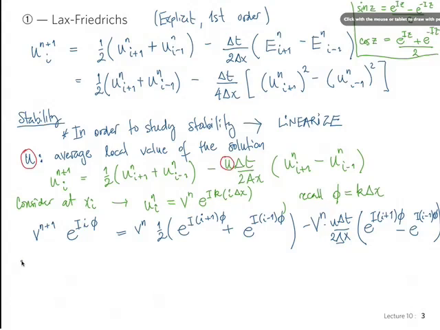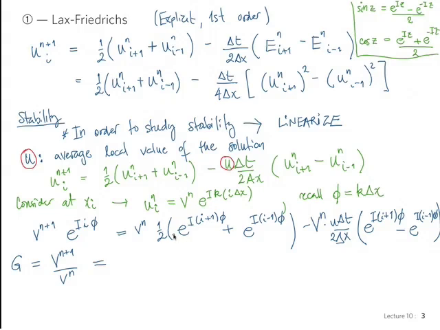This serves as a review of our von Neumann stability analysis, with the amplification factor G equal to V^(n+1) divided by V^n. Of course, here in this equation I can divide over by e^(i i phi), and you see what we're going to get. Then I can divide over by V^n on the other side and use these equations up here.